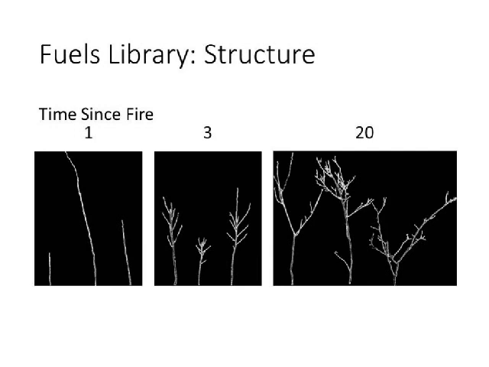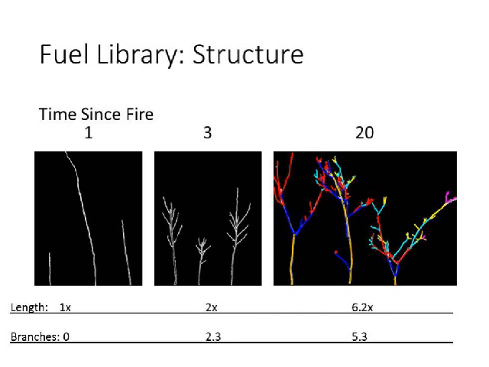One of them: we're going to get all this fuels data, and how do we make sense of it? One idea is to make a fuels library that can be incorporated into numerical simulations. Just like a plane, we can scan and get digital representations of different types of fuels and their structure. This is just a two-dimensional picture of blueberry stems of different ages, or actually different times since fire.